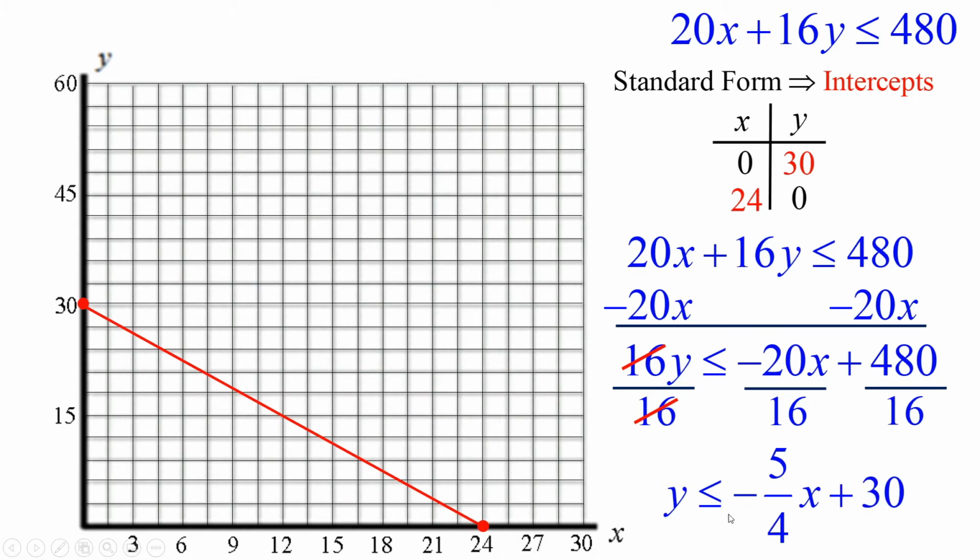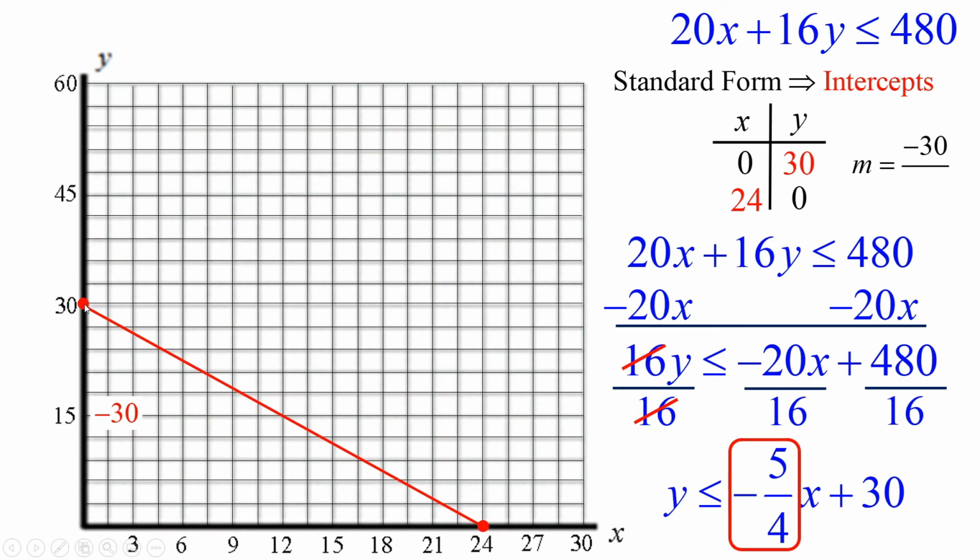Now, I love this because I can check everything up here with this. Do you see the slope of negative 5 over 4? Well, let's look at our table. What's our change in y? We go from 30 to 0. That's negative 30. What's our change in x? We go from 0 to 24. That's positive 24. Oh, and look at the graph right here, the negative 30.